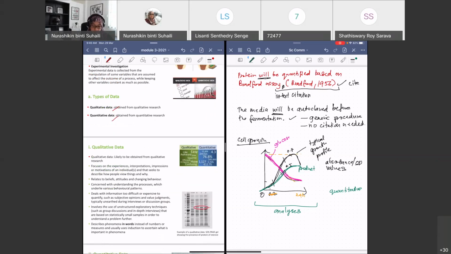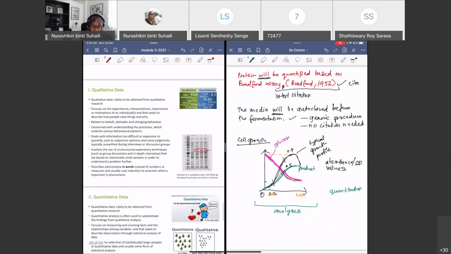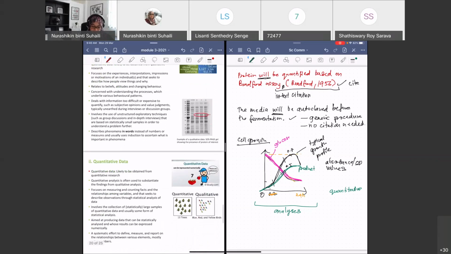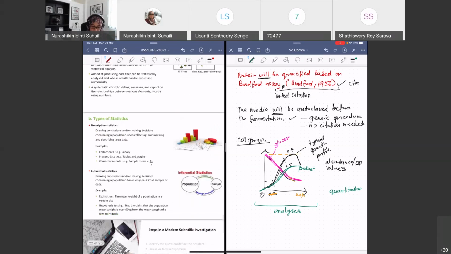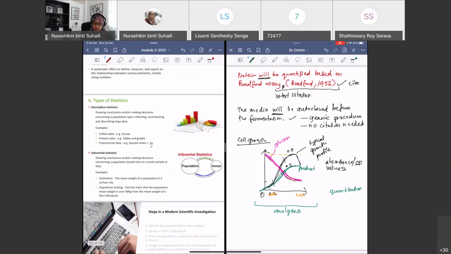I don't have to go through the slides word by word, but that's basically what it's all about, qualitative, quantitative. And then the types of statistics. There are two types of statistics, which can be divided into descriptive statistics and inferential statistics.